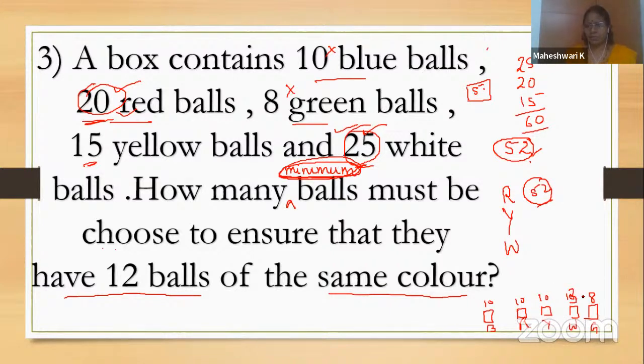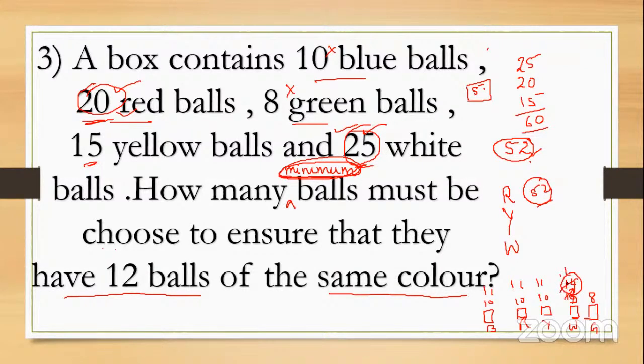Still it gives me 12 balls of the same color. So we can make this 11 and 11, but that is not assured. No, the first one cannot be 11. Blue is only 10, so leave that.